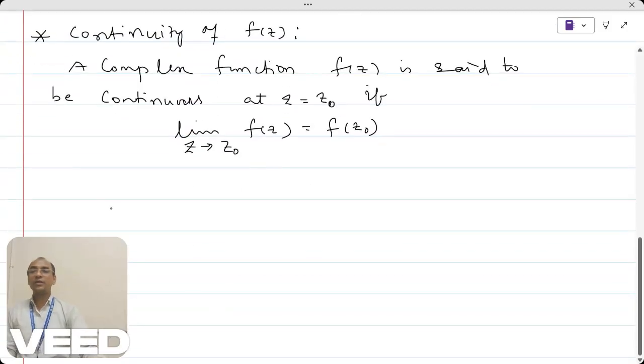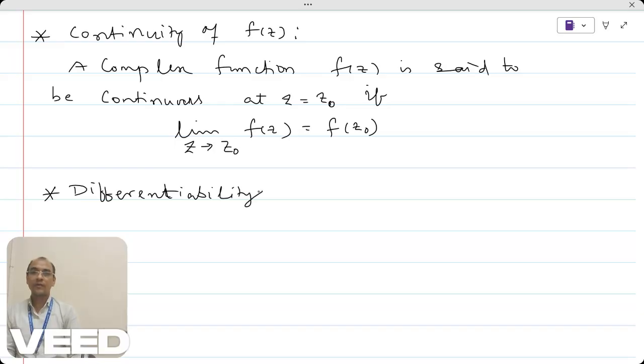Now let me give you the differentiability of the function. Differentiability of f of z. Differentiability means under which condition the derivative exists.